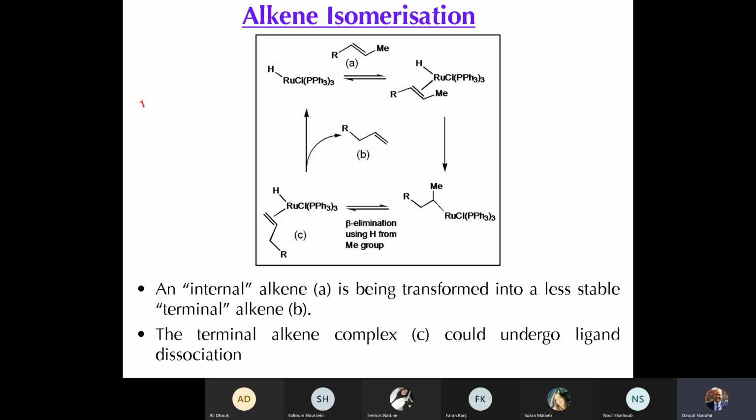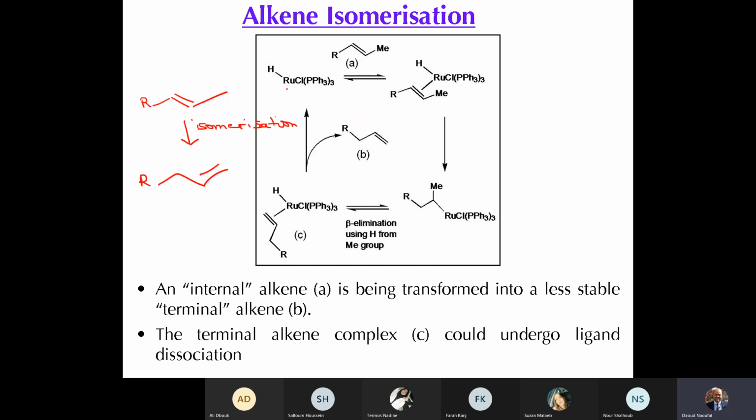So R, double bond, CH3, becomes R with the double bond in position 1. This is isomerization. They ask to propose the mechanism of this reaction.